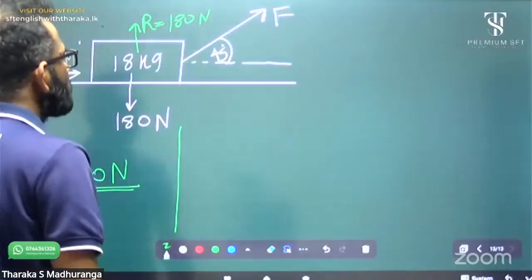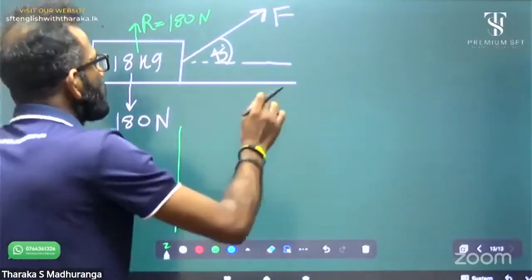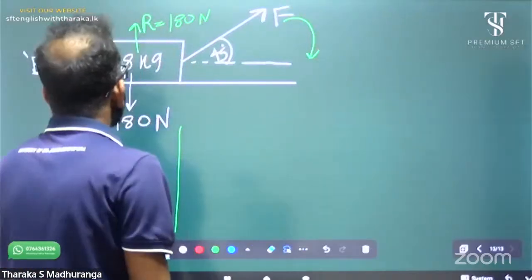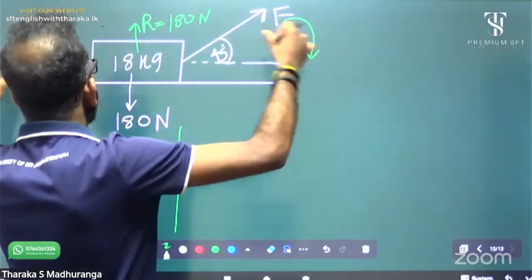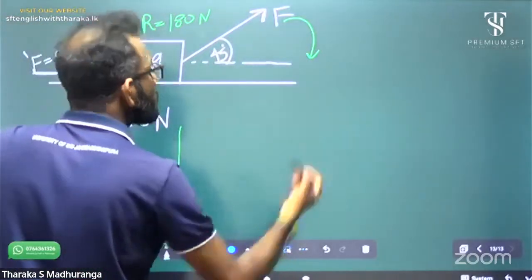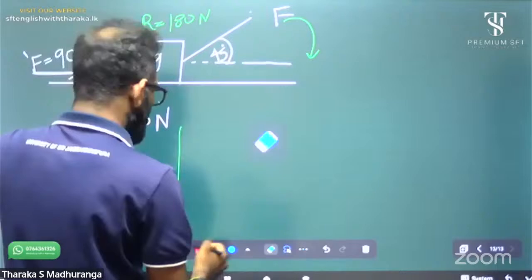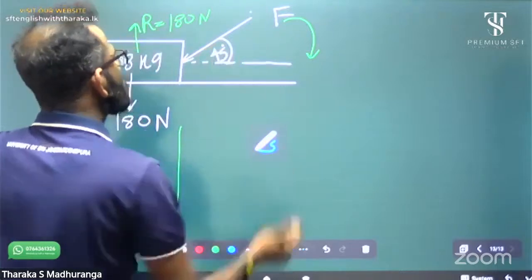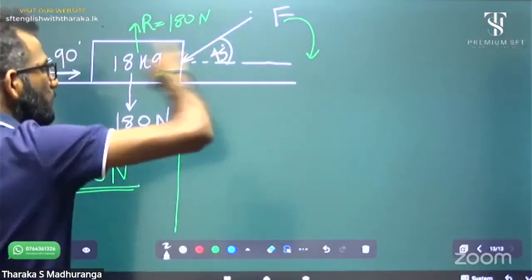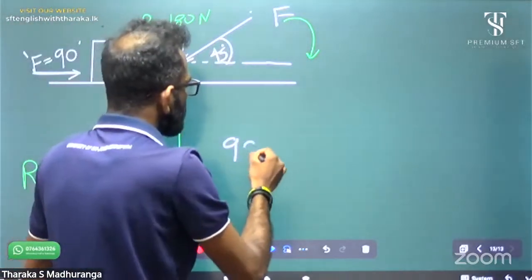How to get F? Since it is balanced, I can resolve the force into the horizontal direction. Two forces act along opposite directions.